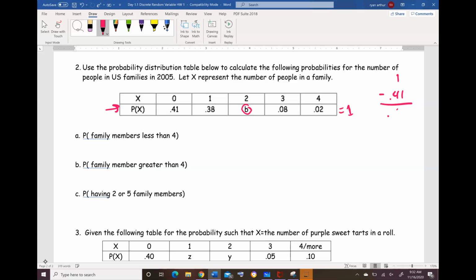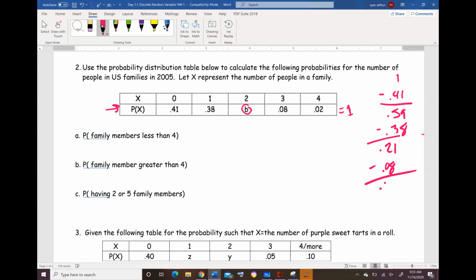Okay, so that'd be 0.59, subtract 0.38. I get 0.21, subtract 0.08. We're going to subtract 0.08.